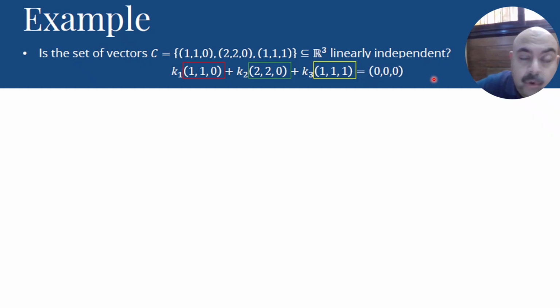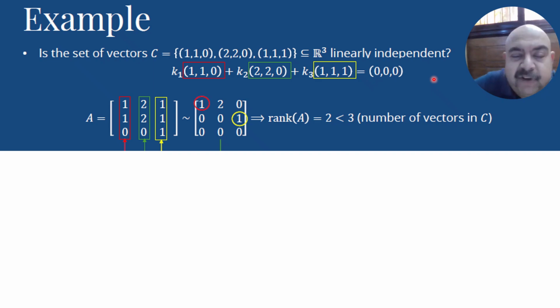So without going to the details of the system of equations, I can directly put them into the coefficient matrix, which is relative to the rank. So I will take the first vector at the first column, that's the second, and that's the third one. And I try to reach the reduced echelon form.